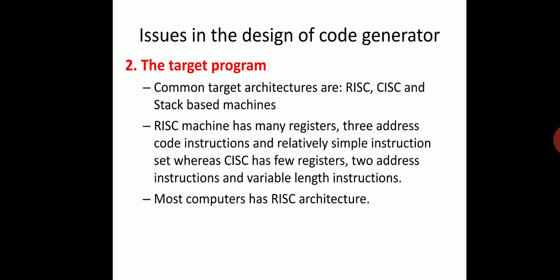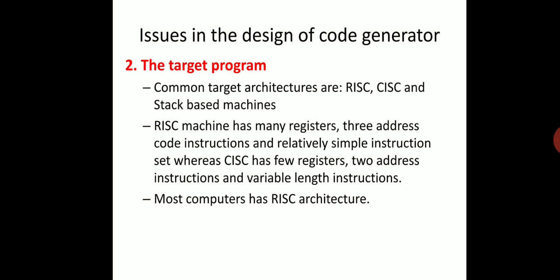Then the second issue is the target program. What kind of target program does it have to generate? While generating the target program, the code generator must have knowledge of the target machine.